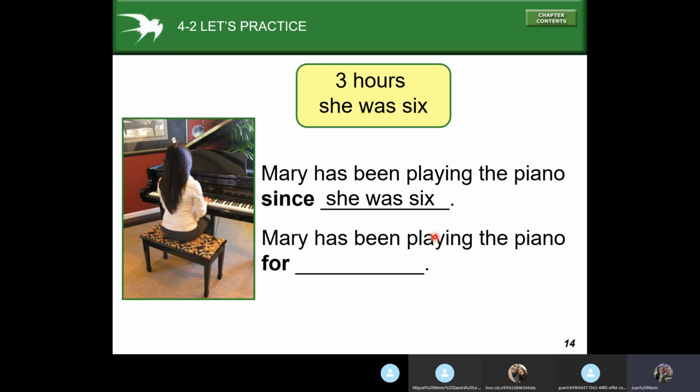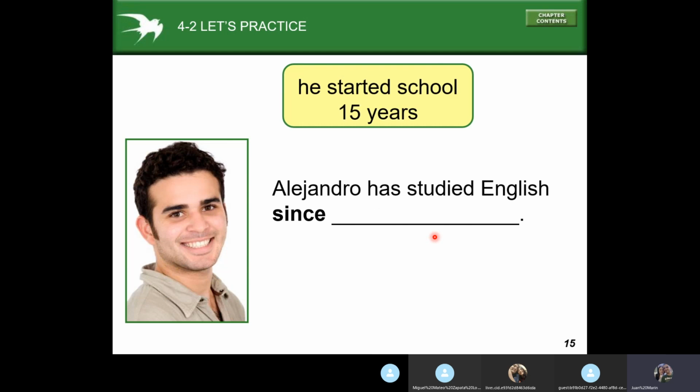Okay, Mary has been playing the piano for 3 hours. For 3 hours. Very good. So in this case, we use for because they are talking about a length of time. So 3 hours. Very good. Okay, what about this one?